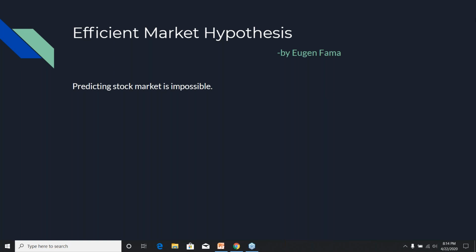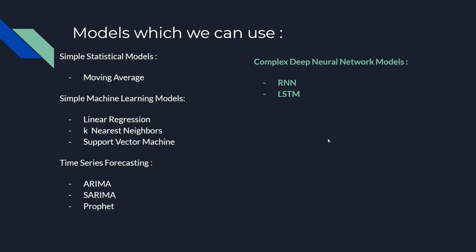Now let's have a look at some of the models by which we can predict the stock prices. Some of these models are simple statistical models like moving average. Then we have simple machine learning models like linear regression, k-nearest neighbors, and support vector machine.